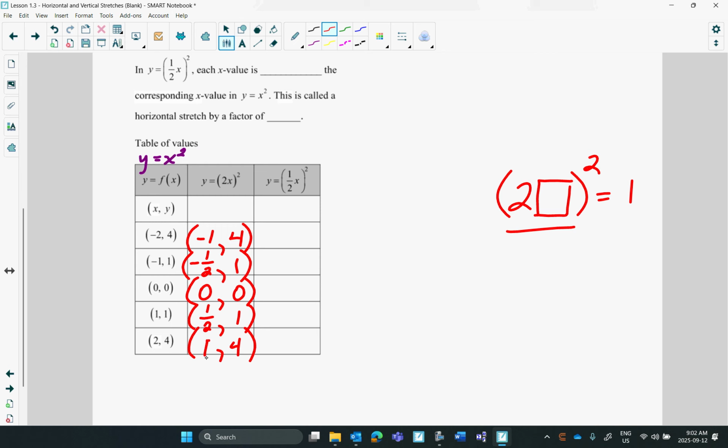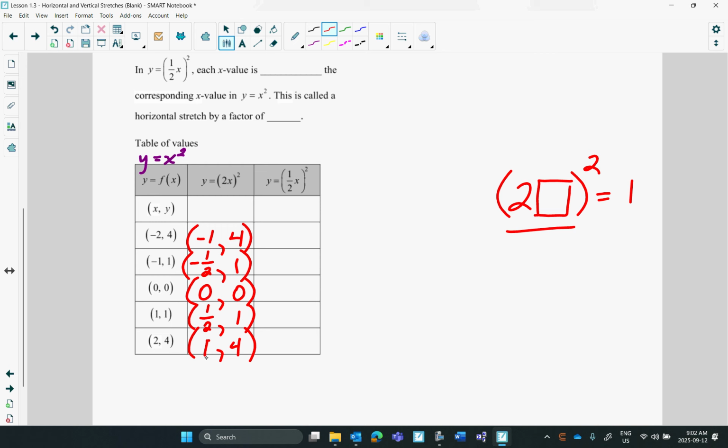What happens to every x value? I times every x value by what? A half. So if the number in front was 2 of the x, but inside the function, remember it's not outside the function, it's inside, okay?